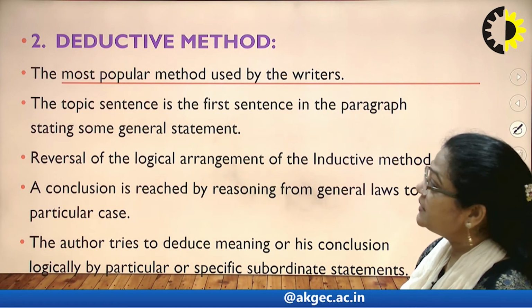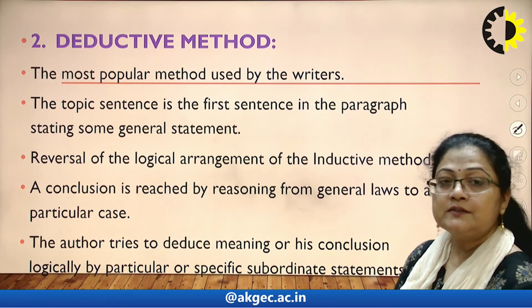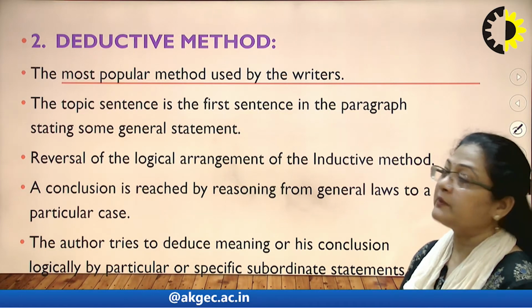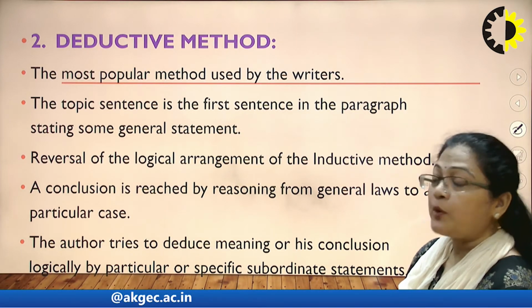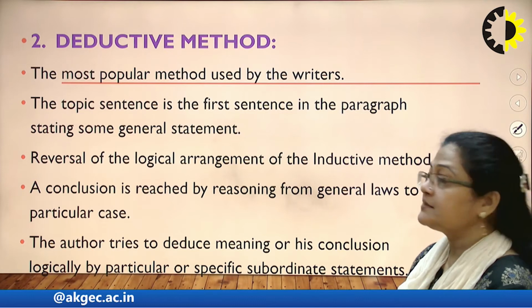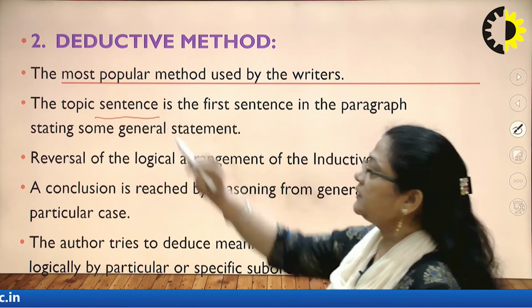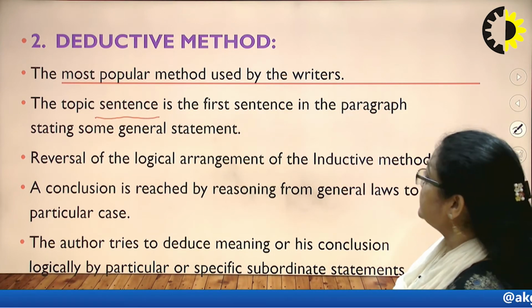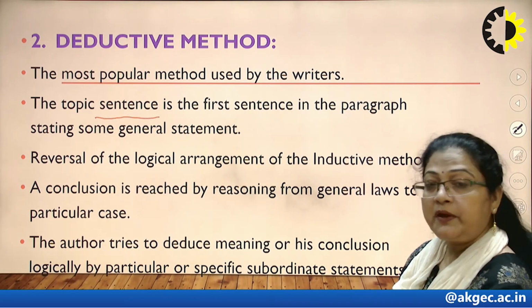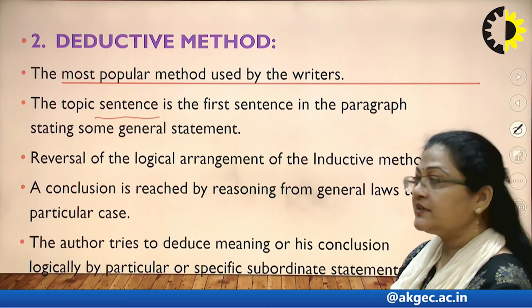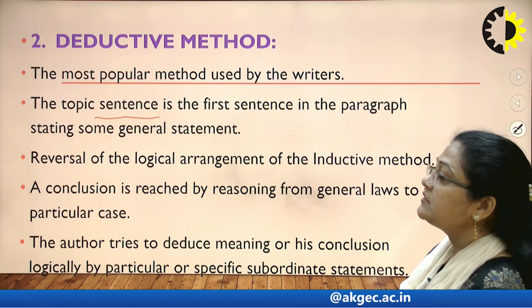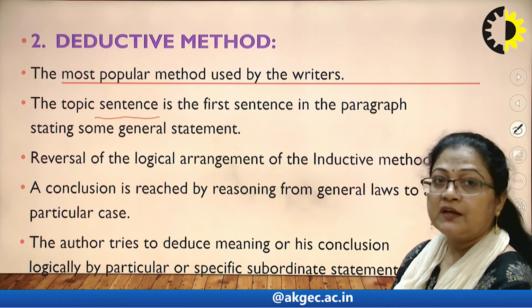Next method is deductive method, and it is the most popular method used by writers because topic sentence is the first sentence in the paragraph, means the paragraph starts with the statement of topic sentence and the subsequent sentences are given in support of that topic sentence.